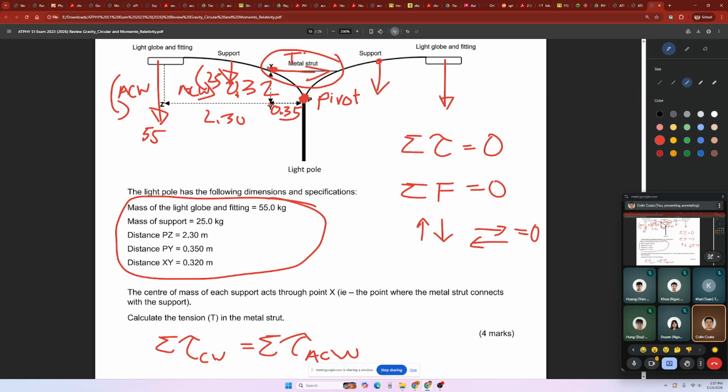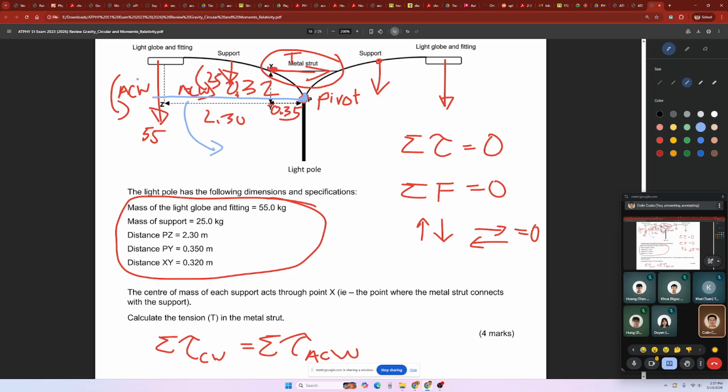Okay, so we have two anti-clockwise, and we have the tension. How do I know that these are anti-clockwise? So if I put my pen here, or a pencil, and I stick it across, that's perpendicular to the direction of the force. When I hold my pen here at the pivot and I push down, you will see the pen go this way. So that's when you know the direction of the force.